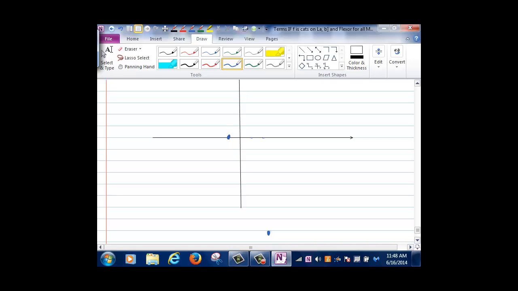So I'm just going to say this is 2, and f of 2. And this was -1, where the value is 0, and then at 0 the value of the function is 5. So let's say 5 is right about here, okay? Is everybody okay with that? So the point here is (0, 5), and the point here is (-1, 0), right?